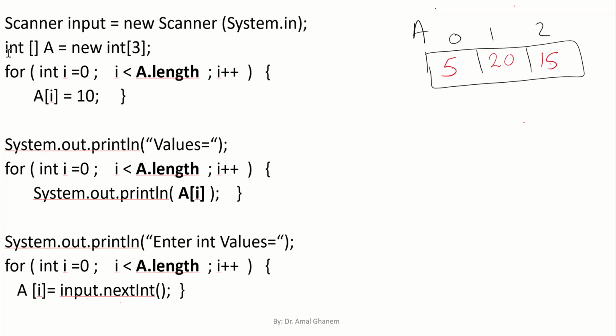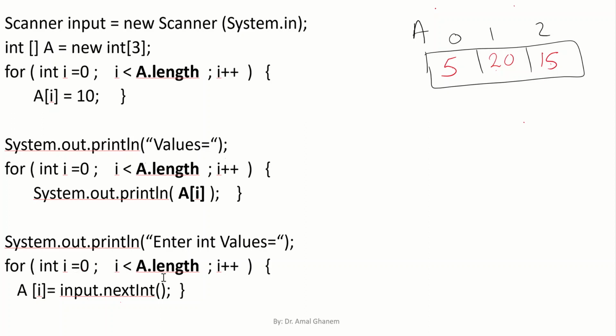When we started by saying array equals new integer 3, to do the initialization, I have to go one by one from 0 till the end of the array. That's why I need a for loop from 0 till length. If I need to do the output, again I need another for loop from 0 till length. Similarly, if I need to do reading, again we have to go from 0 till length.